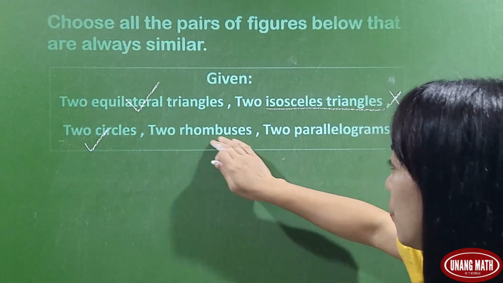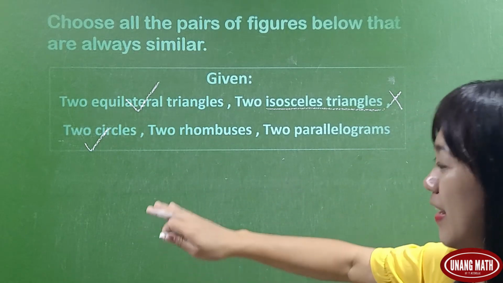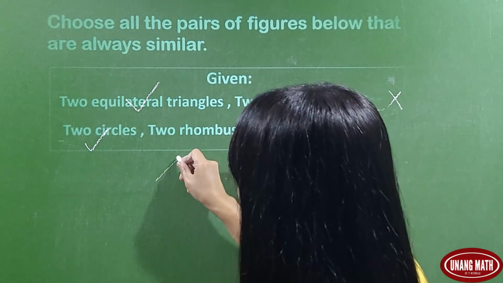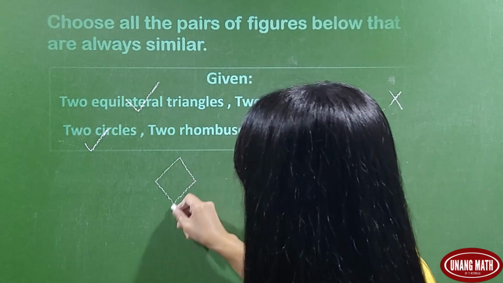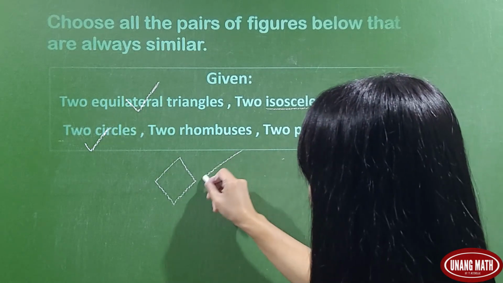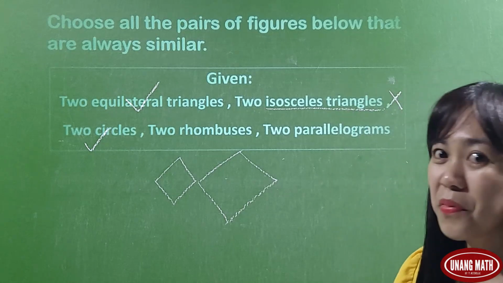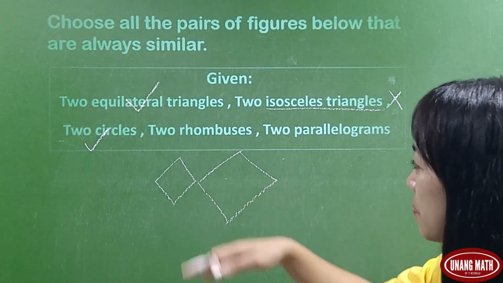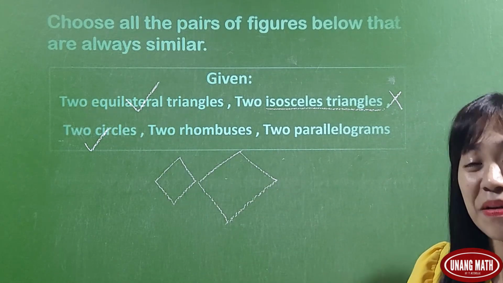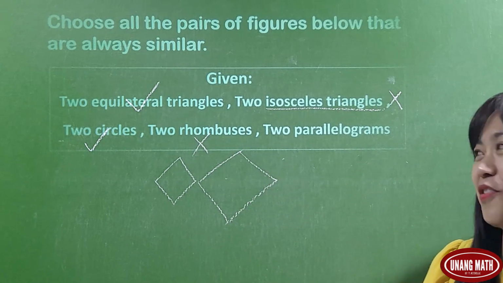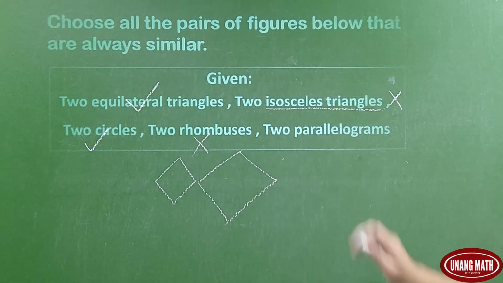What about two rhombuses? Let's try to draw two rhombuses. This is a rhombus. This is also a rhombus. And these two rhombuses are not similar figures. Next one is two parallelograms.